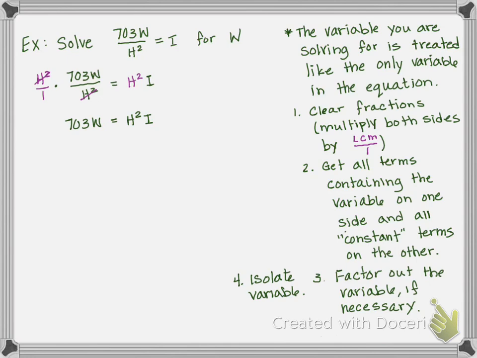So in this case, on the left side, w is being multiplied by 703. So to isolate w, I'm just going to divide both sides by 703. So we end up with w equals h squared I over 703.